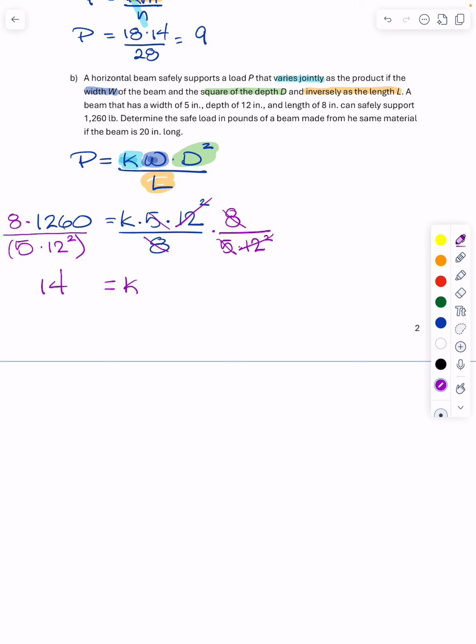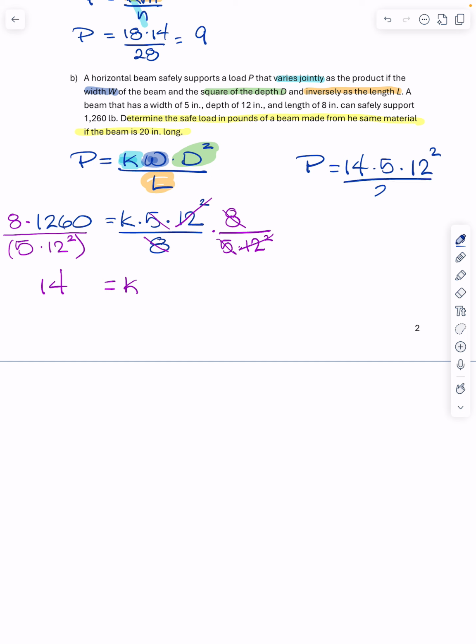Now we want the safe load in pounds. So now we're actually answering the question. We had to find that constant of variation before we could do this. Safe load, my constant of variation is 14. Here, same dimensions, same material, so width and depth are the same.